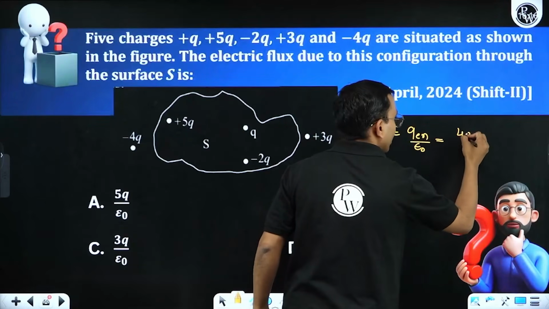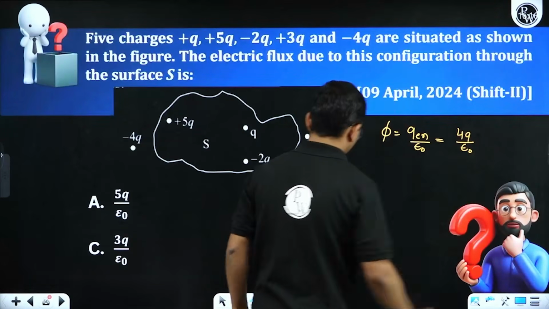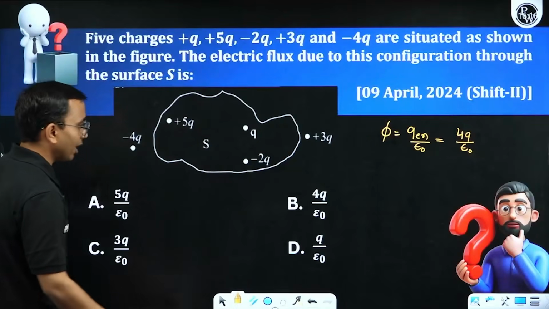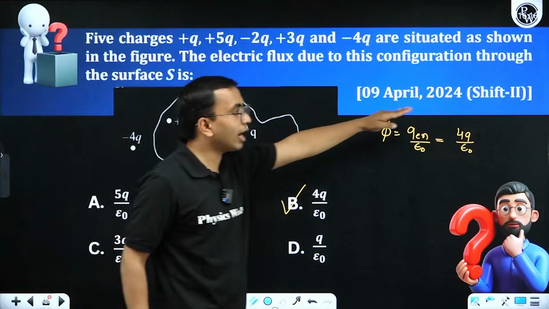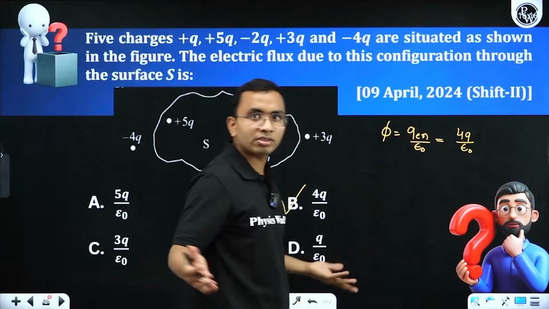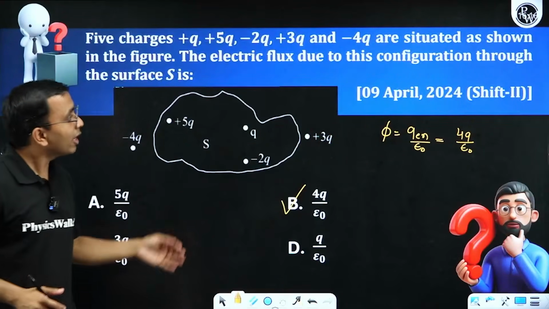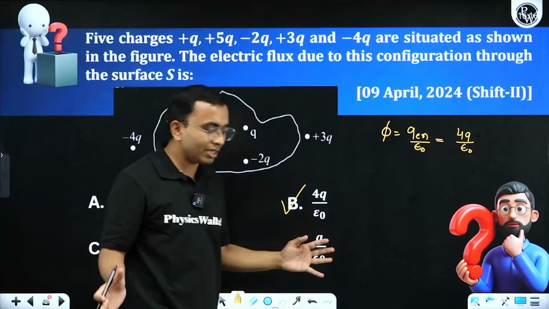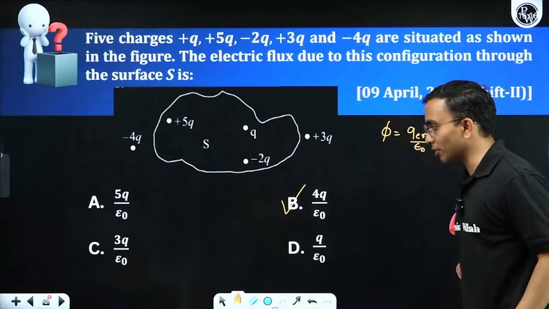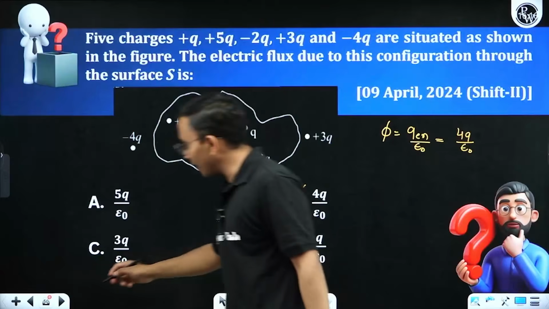So 4Q divided by epsilon naught. B option. And these types of questions are asked in JEE Mains. You may say, sir, this is very easy. This may be easy, but this is what is asked here. So these fundamental things are asked. You need not worry that this chapter is very difficult. You are able to understand it.